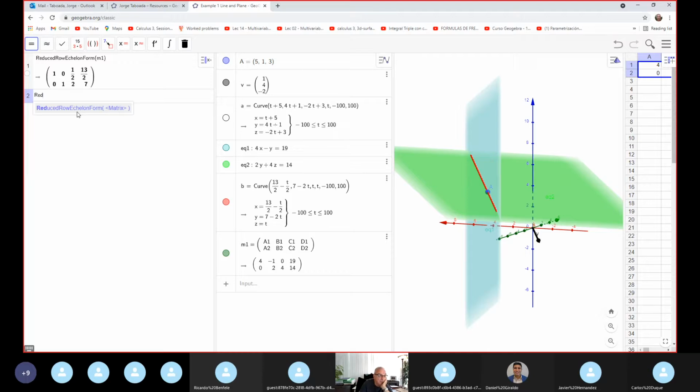You click here and you include the matrix M1, which is the matrix we have in GeoGebra. Matrix M1, boom, you press enter, bam, and you get this, which is exactly the same equation in parametric form, right? Look, the first parameter is 1302 minus 1 half t, because I suppose I put t here, but actually on the paper it was not t, it was z. But it's the same. The name of the parameter is not important. It's totally irrelevant.